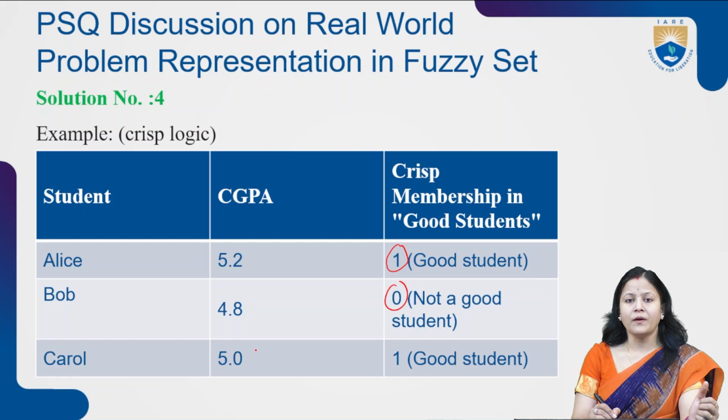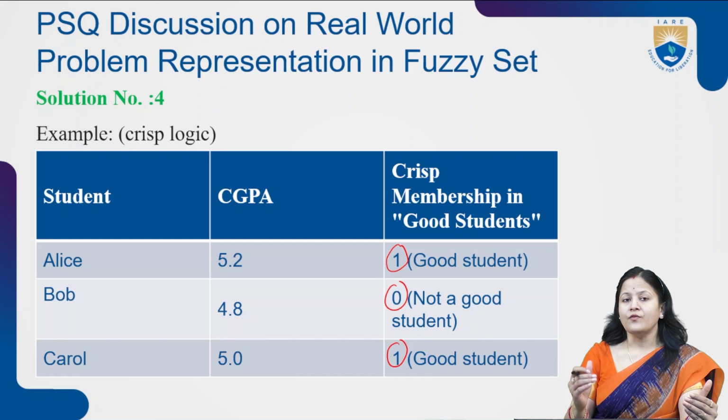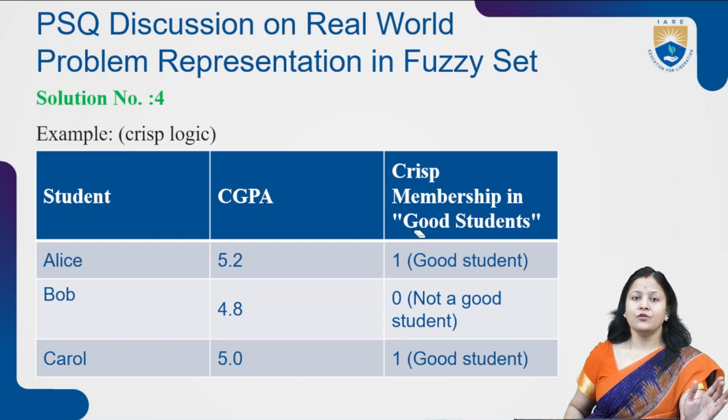Karen is getting exactly 5. That means the membership value will be 1, so she is considered a good student. So what we have understood from this example is that the crisp membership value would be 1 if it belongs to the set, or else it would be 0 if it does not belong to the set. That is the clear logical representation, the crisp representation of this problem.